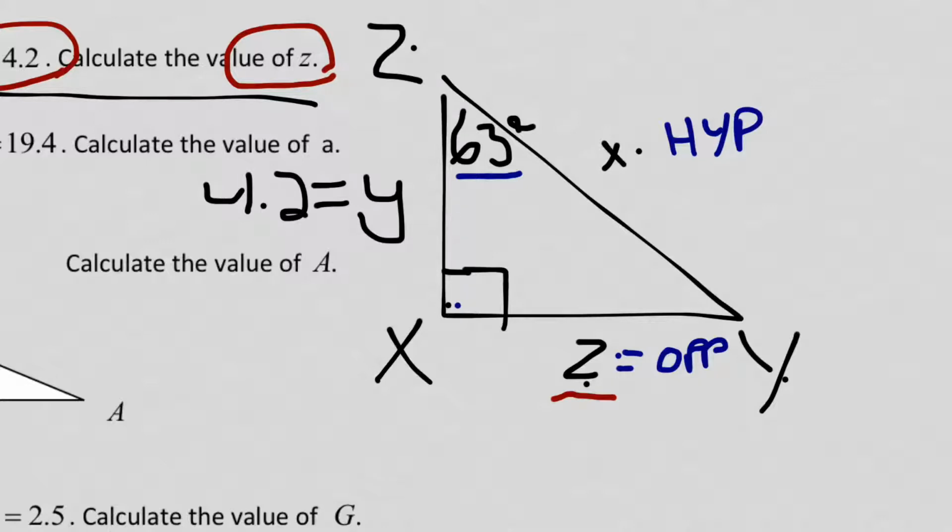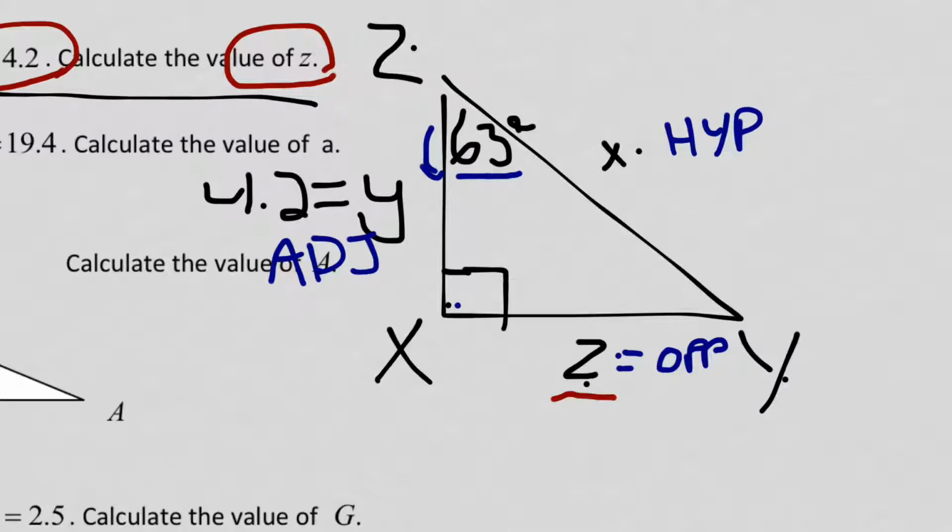And that leaves us with one more. 63 is directly next door to this line here, so that makes y our adjacent. That's the adjacent side over there. So we've got our opposite, adjacent, and hypotenuse labeled.